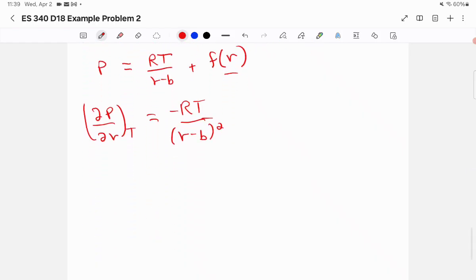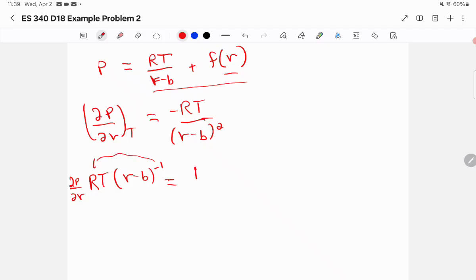Okay, so now I can insert this into the equation. If I take the partial derivative of this with respect to V, what I should find is, for RT times V minus b to the minus 1, when I take the derivative, the minus 1 comes out and it becomes minus 2.